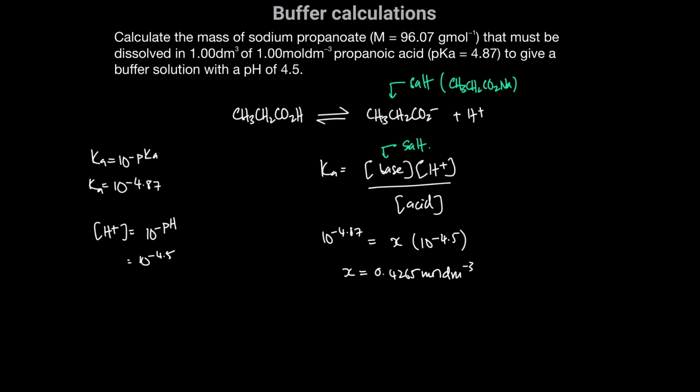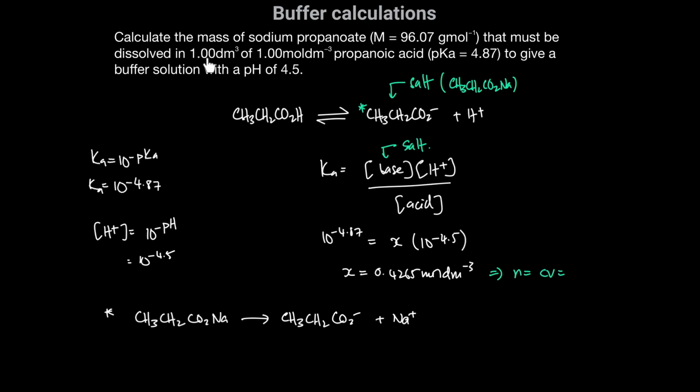Now we know that the propanoate ions came from the salt, right? So we have CH3CH2CO2Na. That ionized completely to form CH3CH2CO2 minus and Na plus, right? And we know that we have 0.4265 moles per decimeter cube of propanoate ions, which means that the number of moles is just the concentration times the volume.